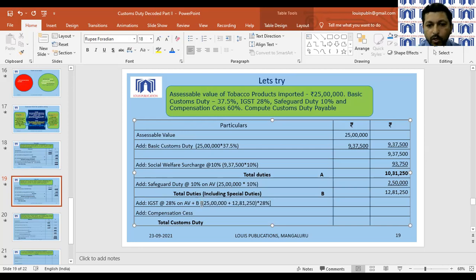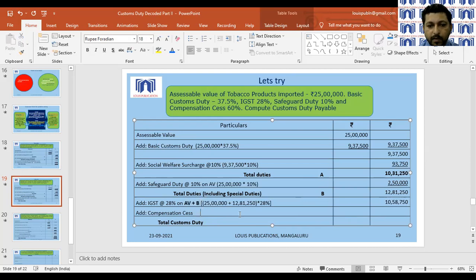First we will just total this value: 25 lakh plus 12,81,250 will be 37,81,250. Into 28% will be 10,58,750. That will be the IGST amount on assessable value plus B.